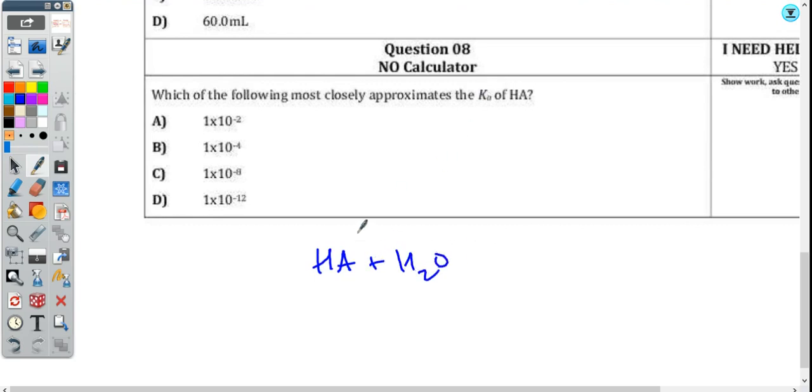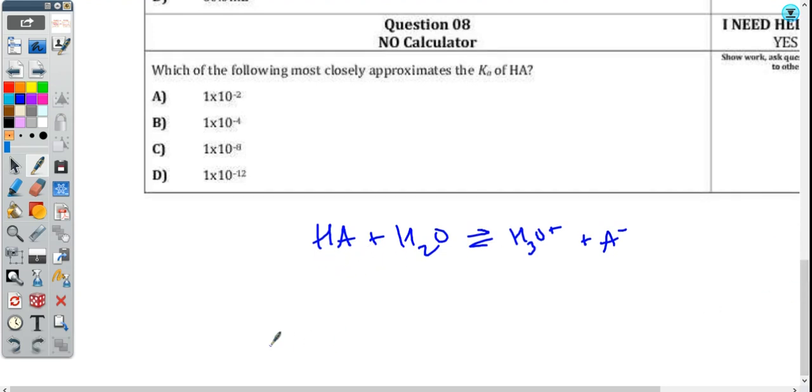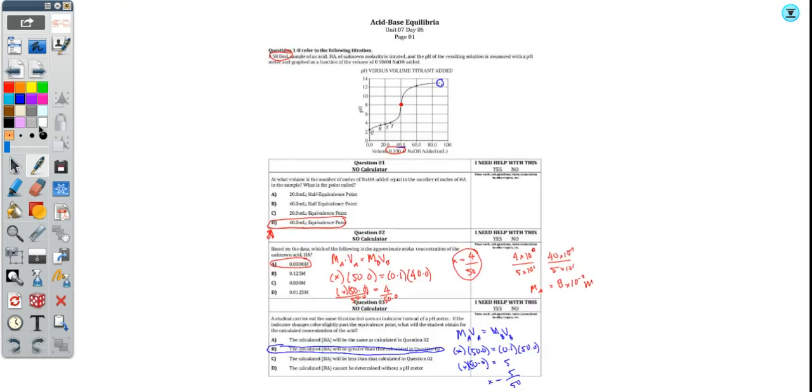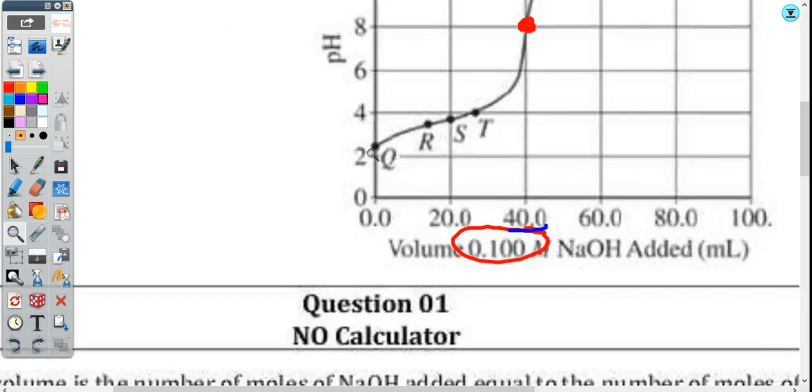I know the Ka, when we talk about putting acid in water, forms hydronium and conjugate base, and I define Ka as any K, right? Products over reactants. Don't do this for this question. I know what the initial pH is, or I can kind of guess, and I know that pH is directly related to hydronium ion concentration.